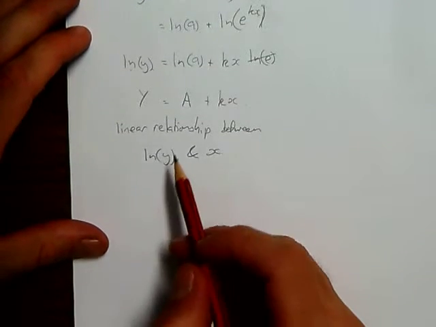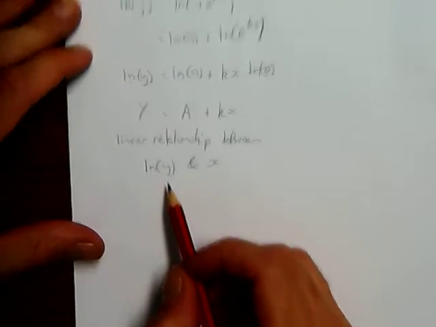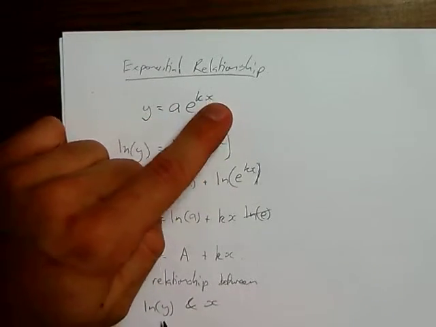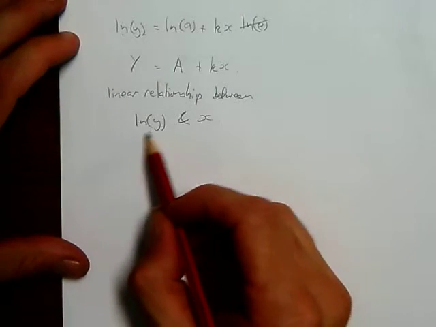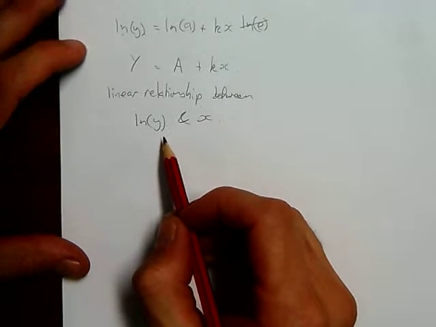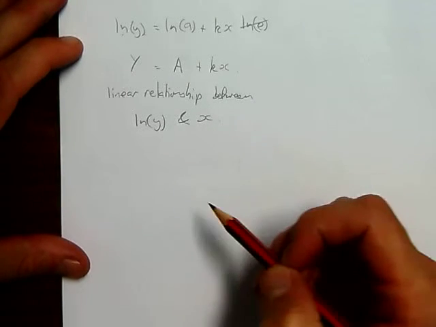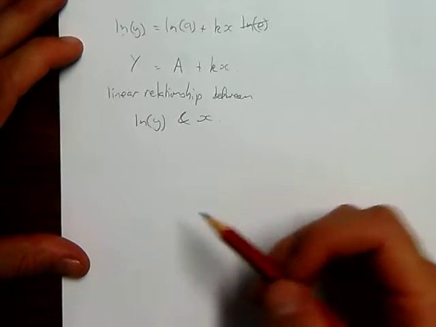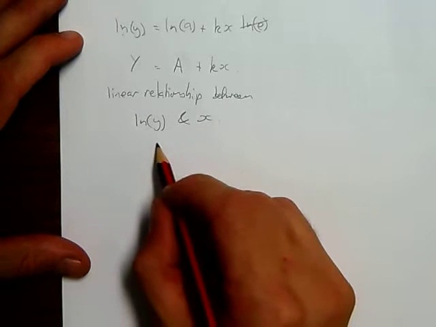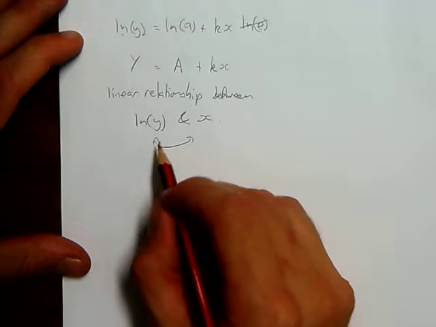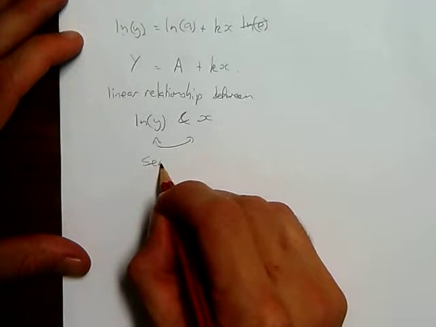Now we can see how we've got one of our variables logged. Our original two variables were y and x. One of our variables is logged, and one of our variables is just x. So this is called a semi-log graph.